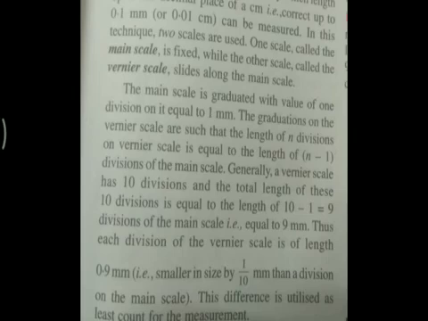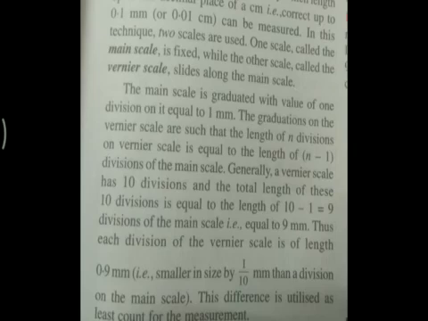What I am saying, see, main scale, you have seen that it is having the 10 divisions, right? And in the vernier scale also it is having the 10 divisions, but the 10 divisions of the vernier scale only occupy the space of 9 divisions of the main scale, right?